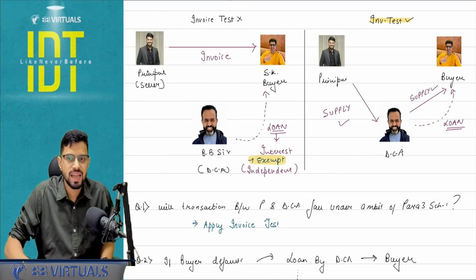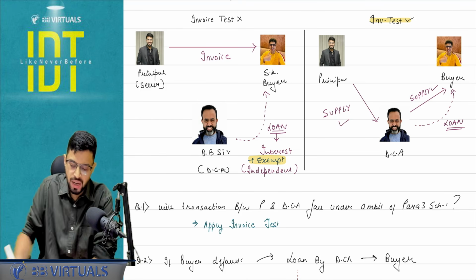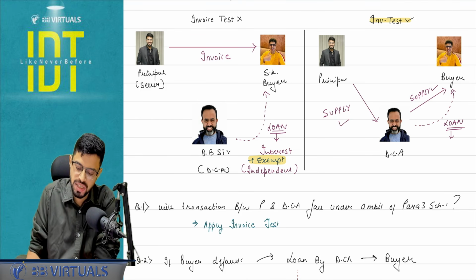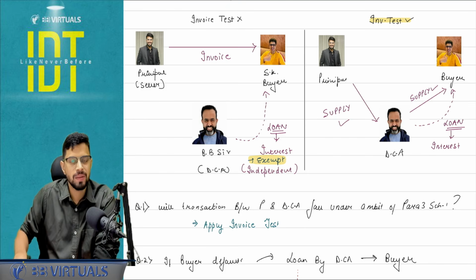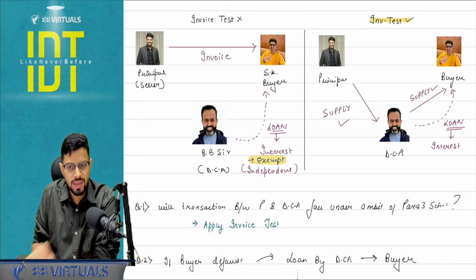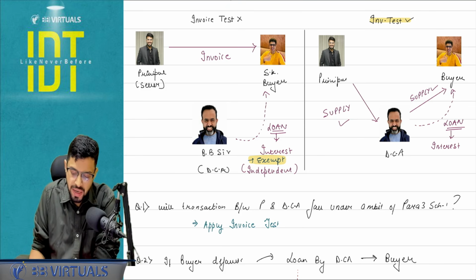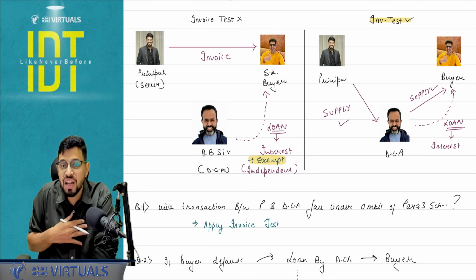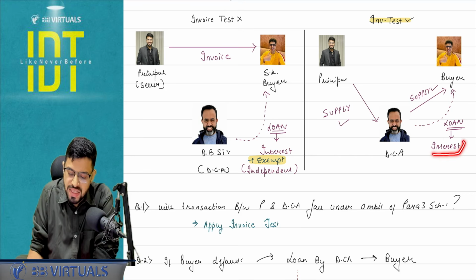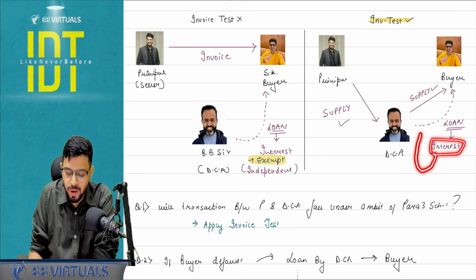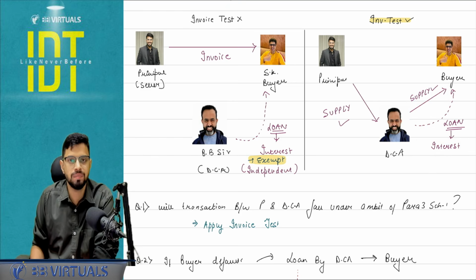So now if I say in this case the loan has been given and there is some interest charged on the loan, tell me one thing. Do you feel your answer will still be to treat this interest independently, or does the feel factor say that this interest can be added to the supply by BB sir to the buyer, because this is a supply which is happening?